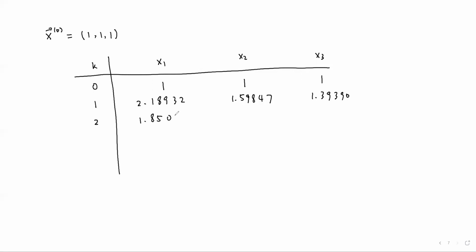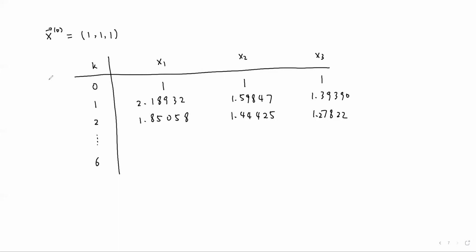After the second iteration, we get 1.72822. Now run Newton's method several iterations. Let me skip the detail. The last iteration is 6.